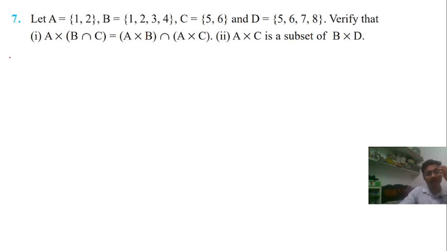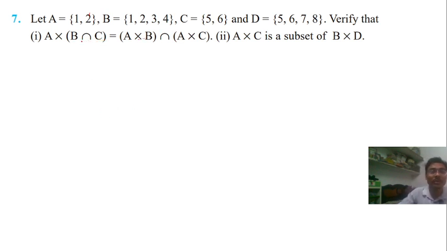Coming to question number 7, question number 7 is saying A, B, C, D, and we will have to verify these two statements. So to verify our first statement, we will have to find B intersection C and three cross products.